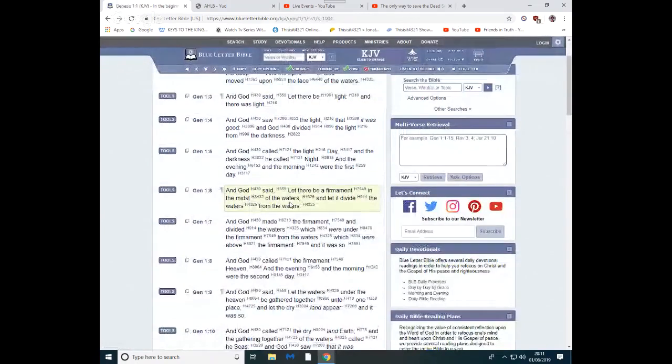So back to this again. In the midst of the waters, and let it divide the waters from the waters. So the firmament we know is dividing the waters above from the waters below, the waters of the heavens and the waters of the earth.